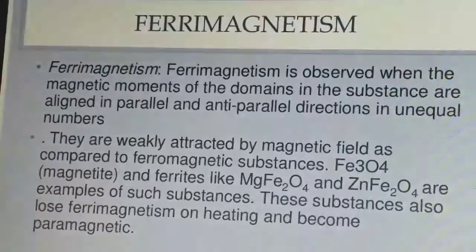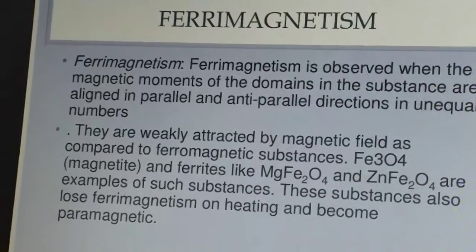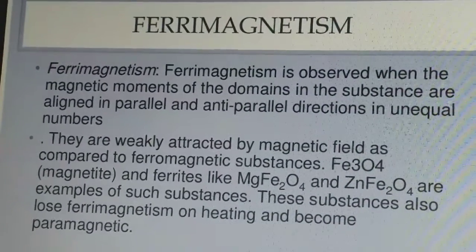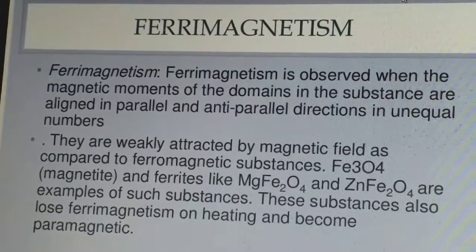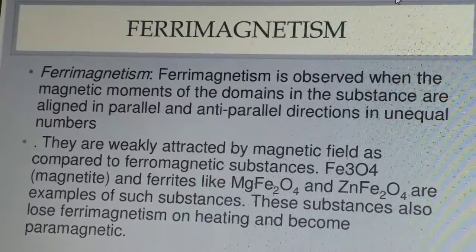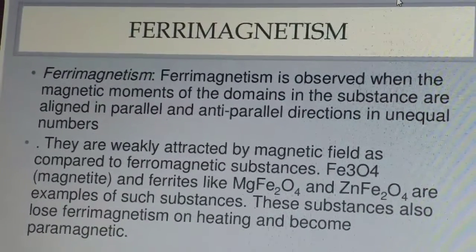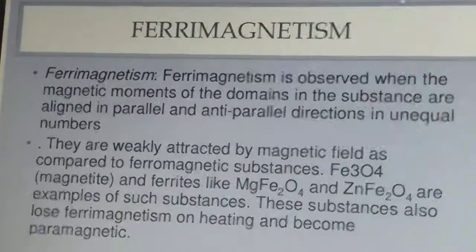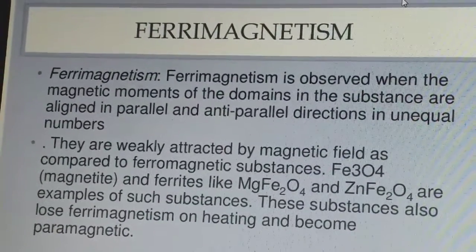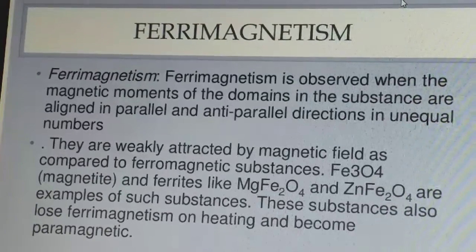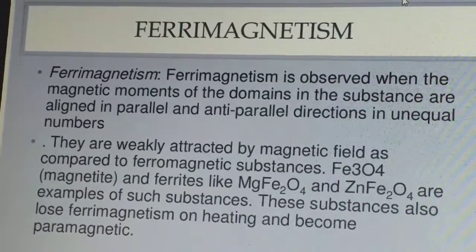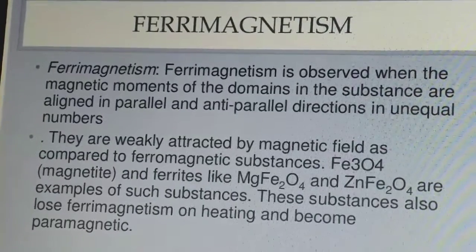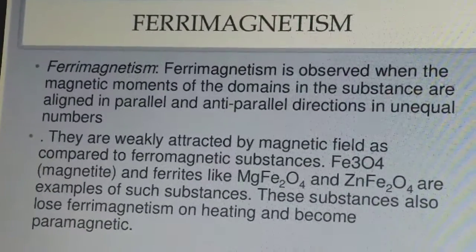Next are ferrimagnetic substances. The substances which are expected to possess large magnetism on the basis of magnetic moments of the domains but actually have a small net magnetic moment are called ferrimagnetic substances. Examples: magnetite Fe3O4 and ferrites M2+Fe2O4, where M2+ may be zinc, copper, or magnesium.